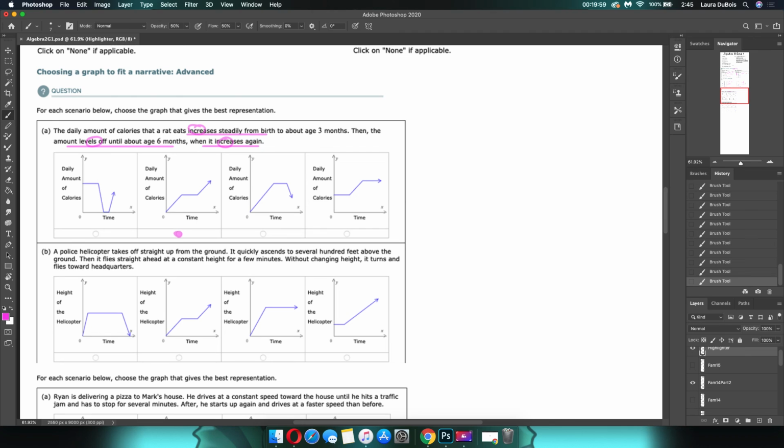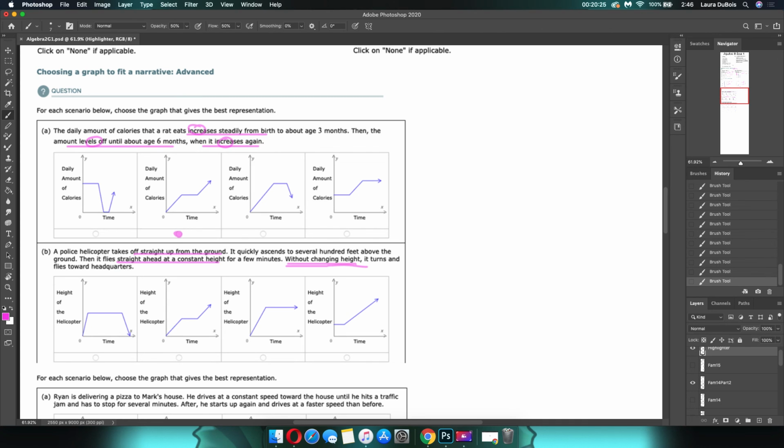Just this one. Police helicopter takes off straight up from the ground. It ascends several feet, and then flies straight ahead at a constant height, and then key phrase. Literally key phrase. They should have italicized it if it were me. Without changing height, it turns and flies towards headquarters. So even though it's telling you 3 things, the chart itself is only doing 2 things.